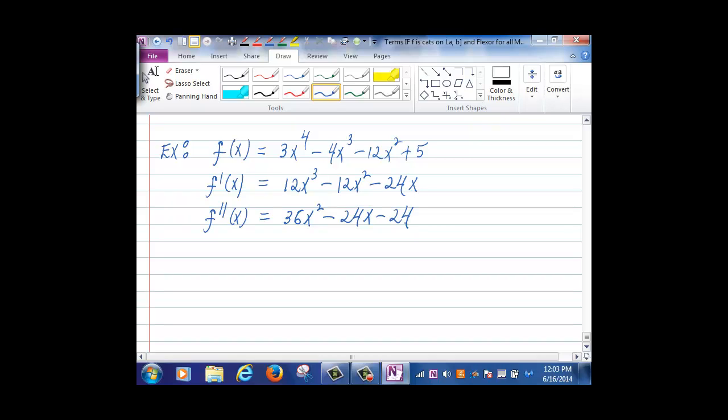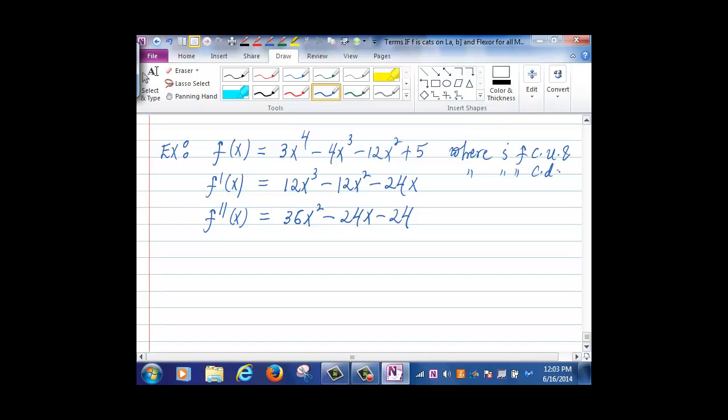Okay, I have to determine where the second derivative is positive and negative, and remember, in order to determine that, I have to first of all find out where the second derivative is 0 or does not exist. In this case, the question is to determine where f is concave up and where f is concave down.